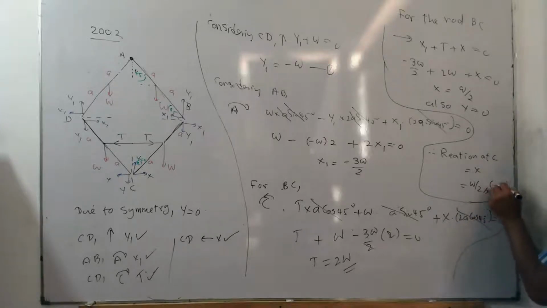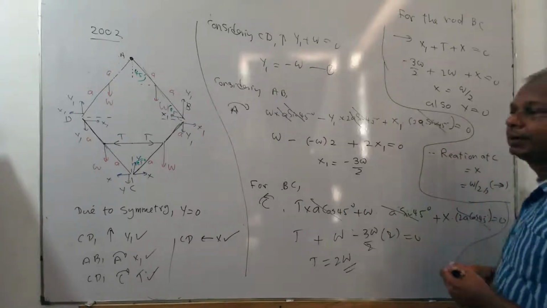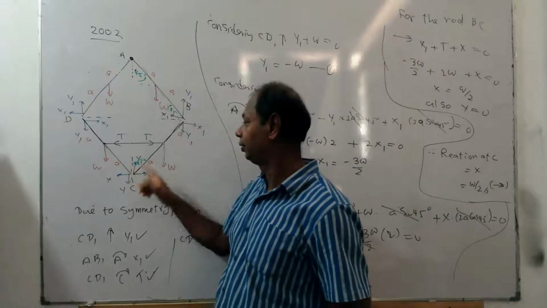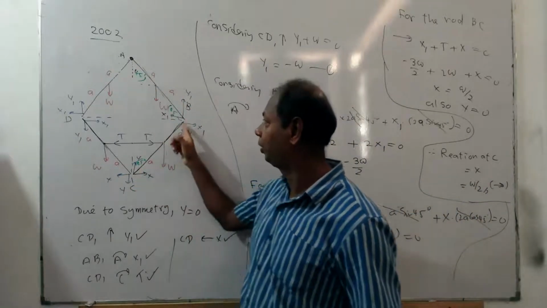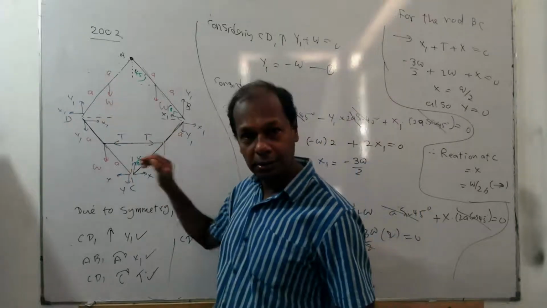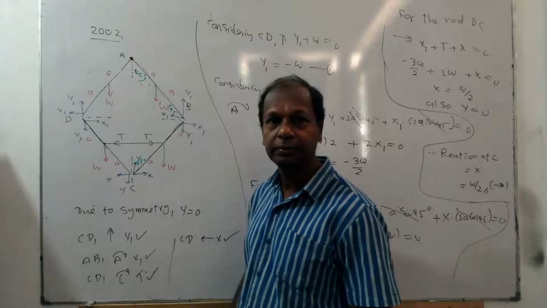The direction is horizontal, in this direction or the other direction. It depends upon the rod we are taking. If on the BC rod it's in this direction, on the CD rod it should be in the opposite direction.